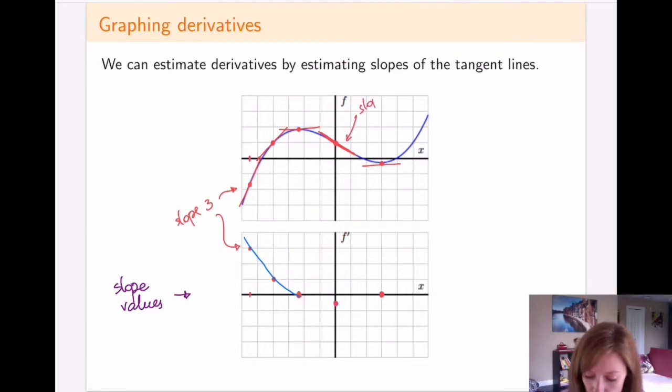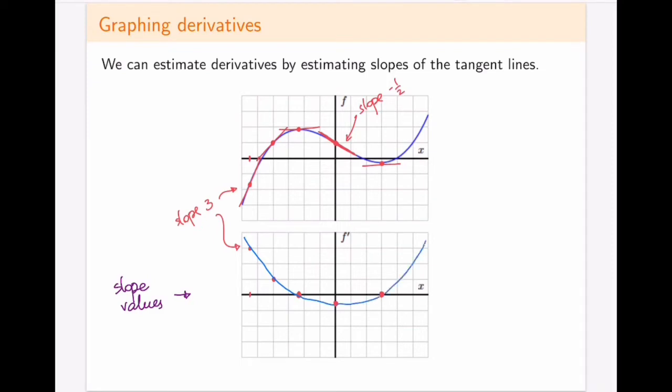So this is slope -0.5. Okay, and so on. So maybe take a minute and compute a couple of other points just to really get into the process of trying to draw a tangent line, estimate its slope from the graph, and then actually plot that point on the derivative graph. In the end, for our graph, we should get something that looks like this.